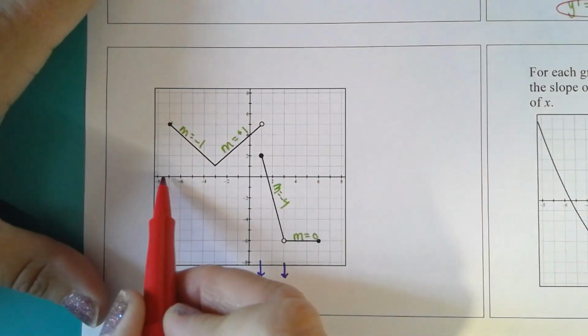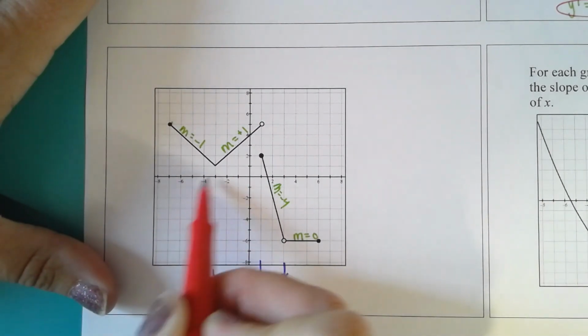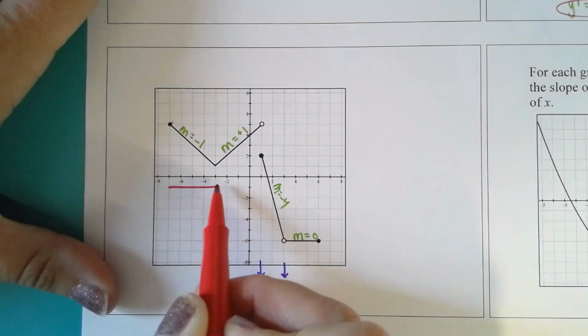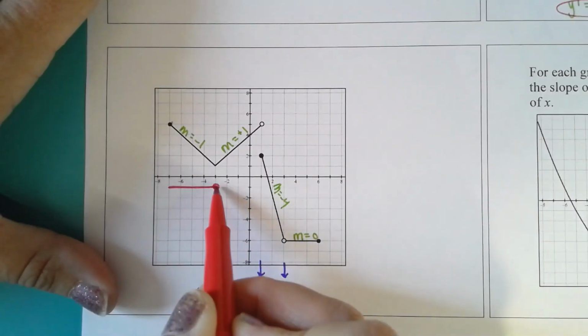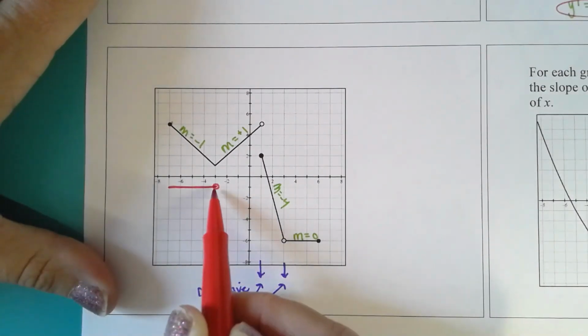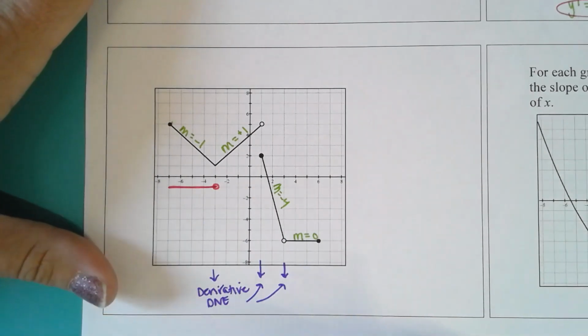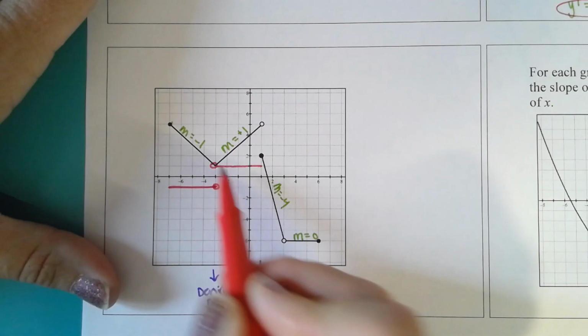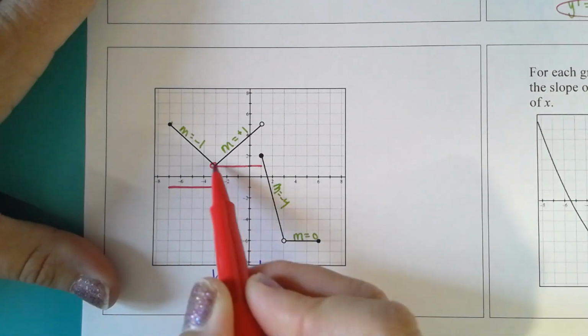Between -5 and -3, the slope is -1, so the derivative is -1. But remember, we said the derivative does not exist at -3, so I have an open circle there. From -3 to 1, the slope is +1.